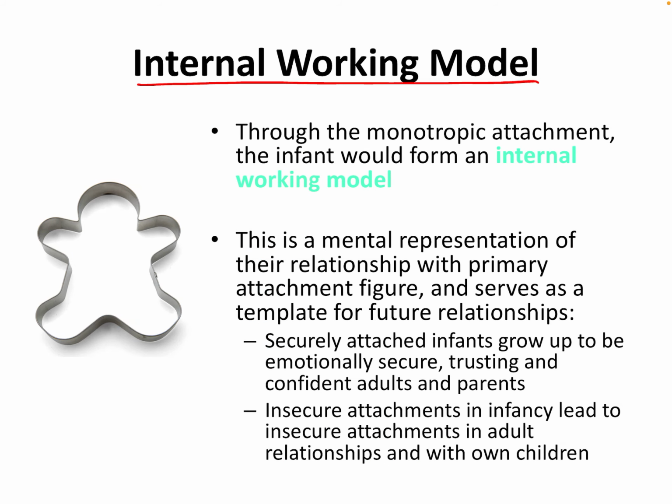It generates and forms the internal working model. So an infant forms an internal working model. It is basically a schema for relationships. We've spoken about schemas when we've looked at eyewitness testimony and leading questions. A schema is really sort of a mental representation.